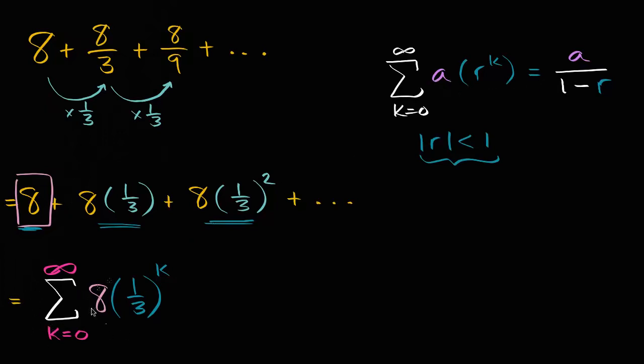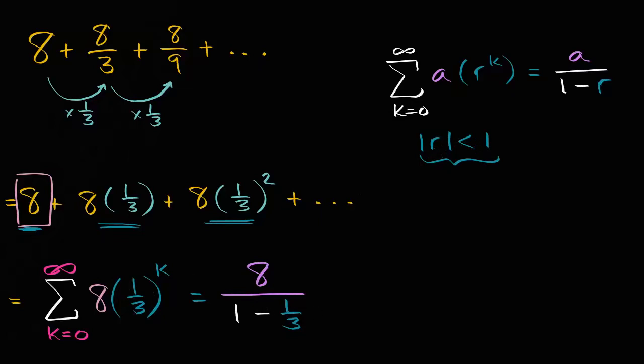But just applying that over here, this is going to be equal to our first term, which is 8, over 1 minus our common ratio, 1/3. And we know this is going to converge because the absolute value of 1/3 is indeed less than 1.